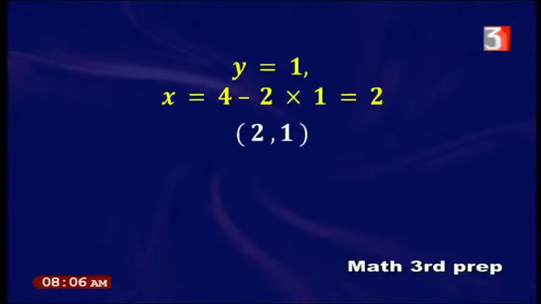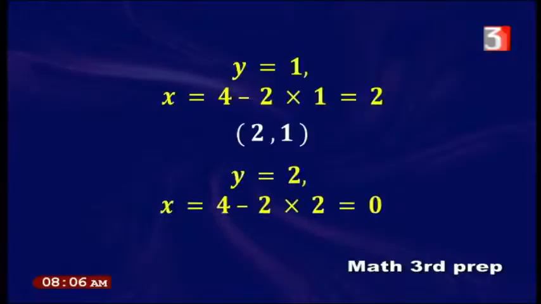What about the value of x when y equals 2? When y equals 2, x equals 4 minus 2 times 2 to obtain a result of 0. So the third ordered pair will be 0 and 2. You can obtain more and more ordered pairs, but the least number of ordered pairs you have to find so as to draw this relation graphically is 2 solutions.